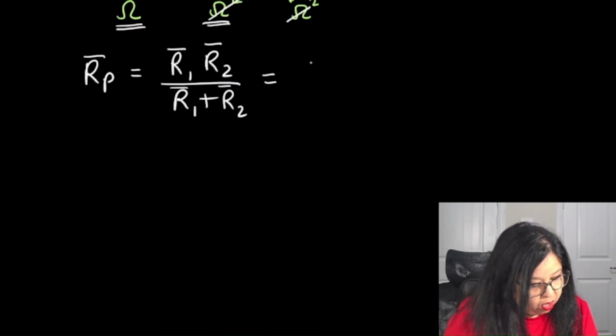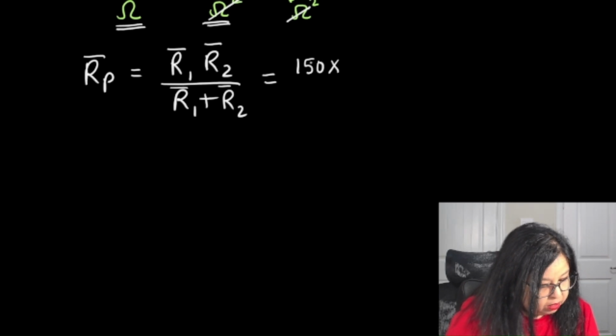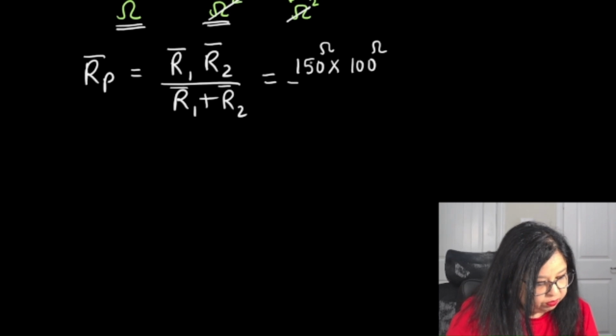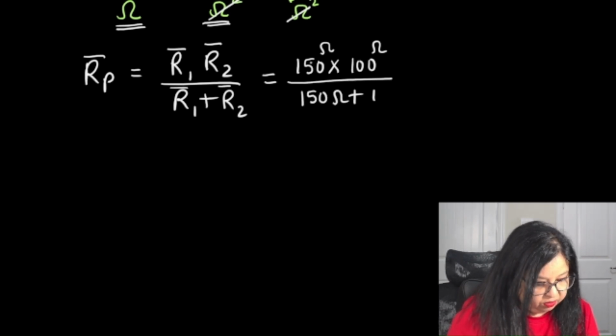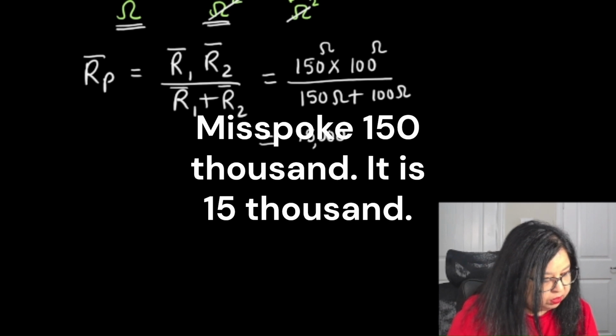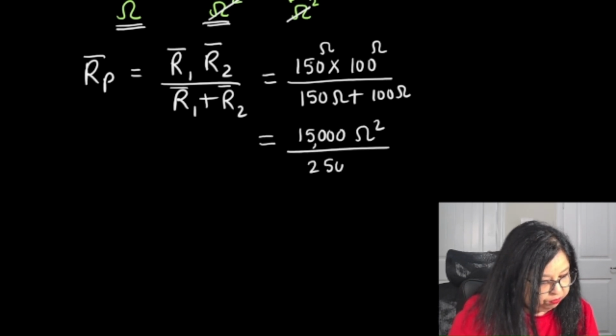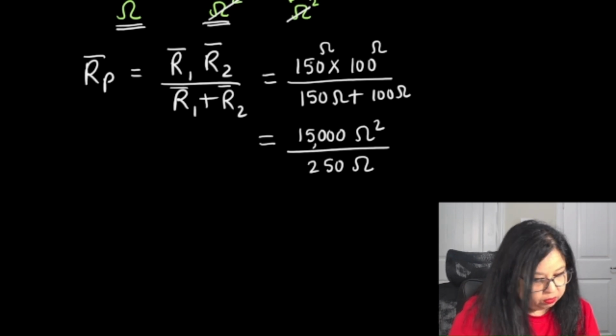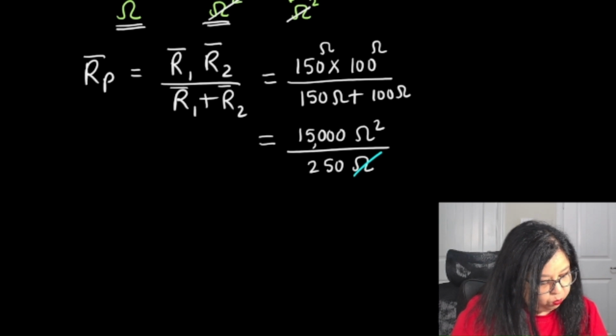So R1 is 150, R2 is 100. Ohms times ohms divided by 150 ohms plus 100 ohms. What does this give us? 150,000 ohms squared divided by 250 ohms. Very quickly, I'm going to cancel out one of the ohms at the bottom with one of the ohms at the top.